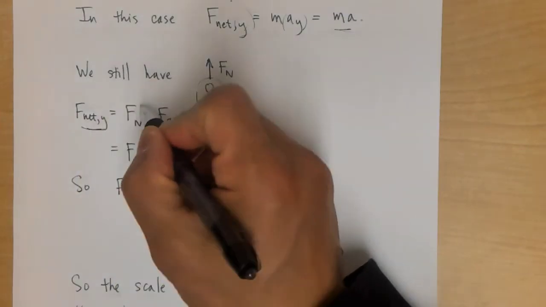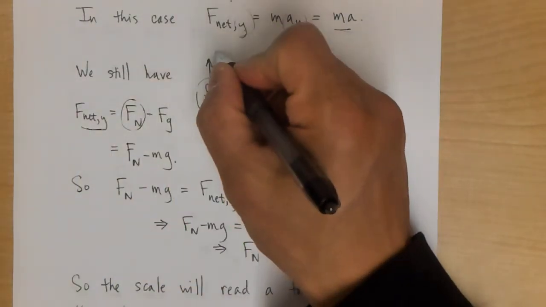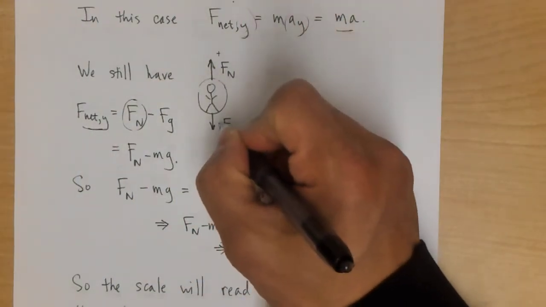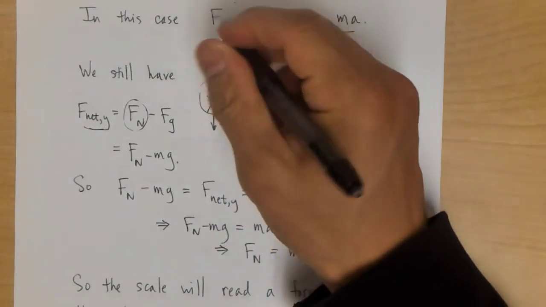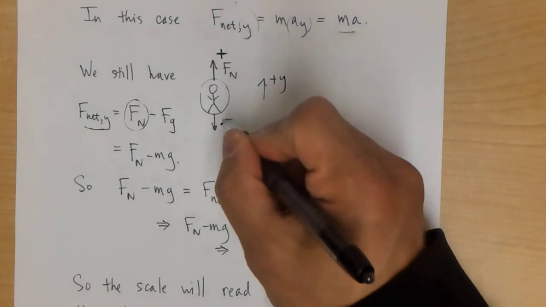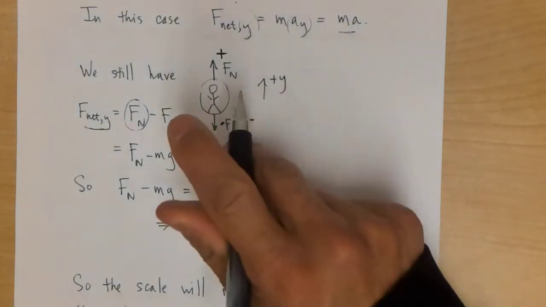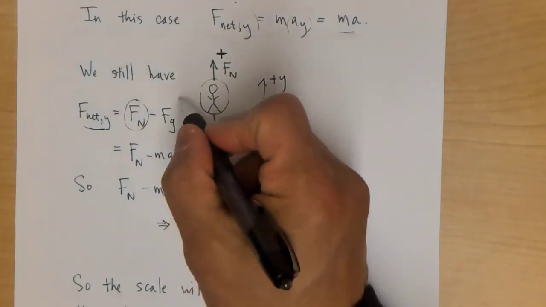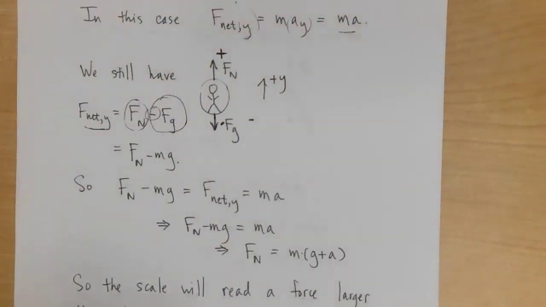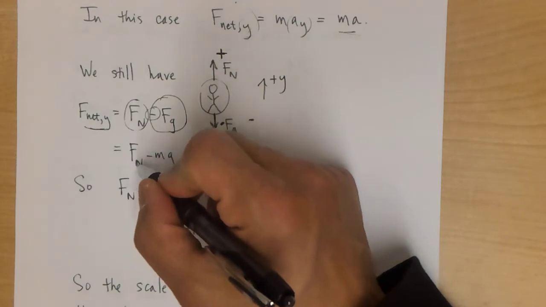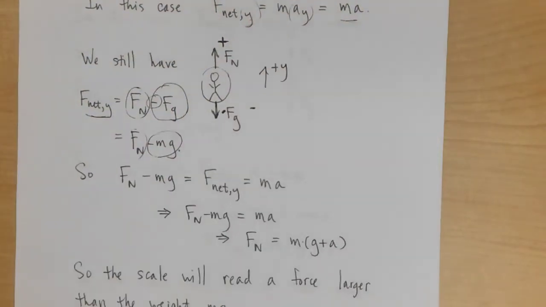The net force will once again be Fn with a positive sign, and Fg with a negative sign, because it's going in the negative direction. So we have Fn minus mg.